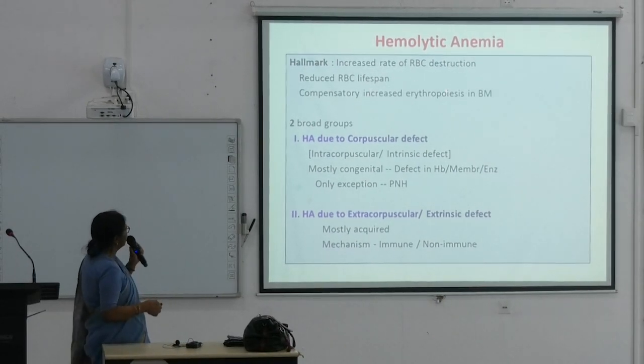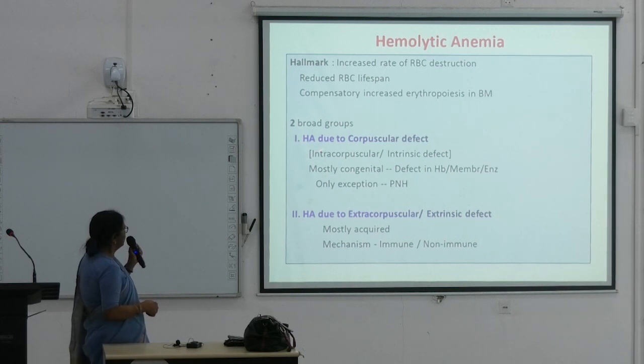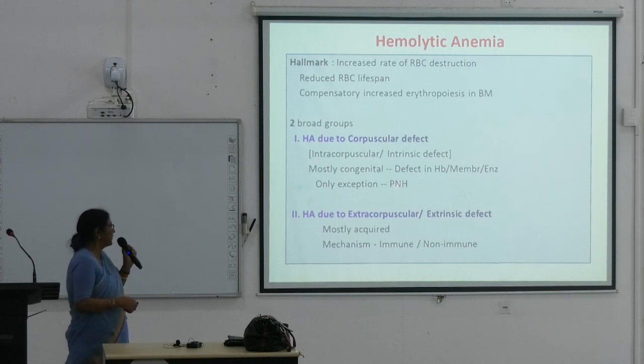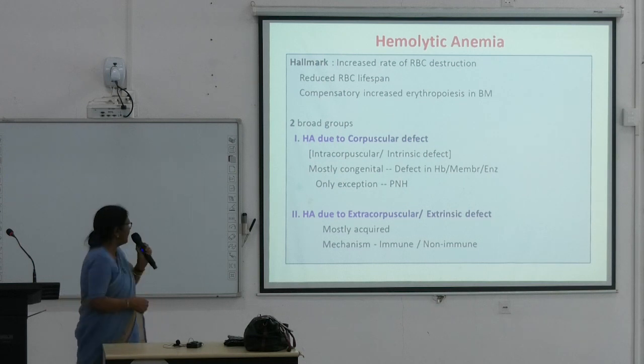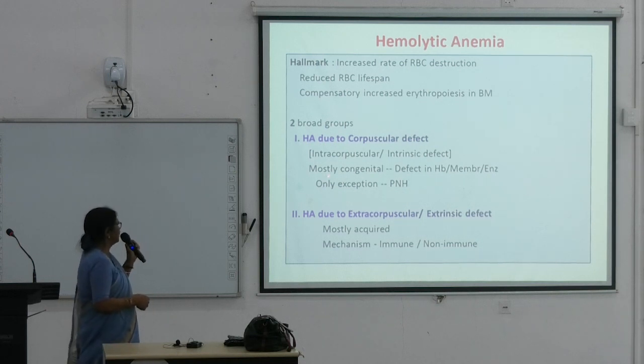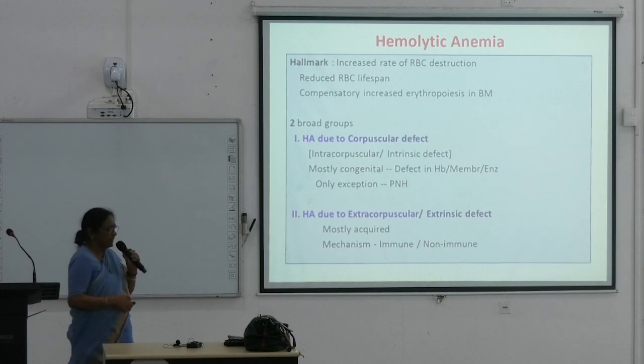Usually the hemolytic anemias are grouped into two groups. Hemolytic anemia due to corpuscular defect, which are mostly congenital, and there may be a defect in the hemoglobin or in the membrane, as in spherocytosis, or in the enzymes, that is the G6PD deficiency. But the only exception, due to a corpuscular defect which is not congenital, is paroxysmal nocturnal hemoglobinuria.